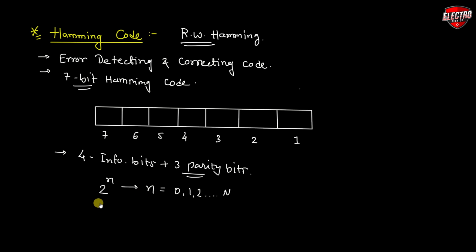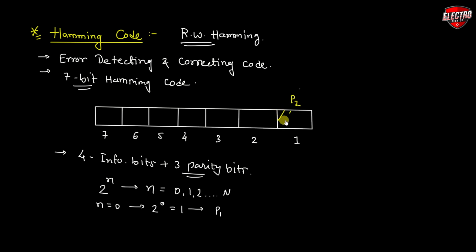Okay, so if we place n equal to 0, then we get 2 to the power 0, which is equal to 1. That means the position of the first parity bit is the first bit. If we represent the first bit as parity bit 1, I can write over here parity bit 1.